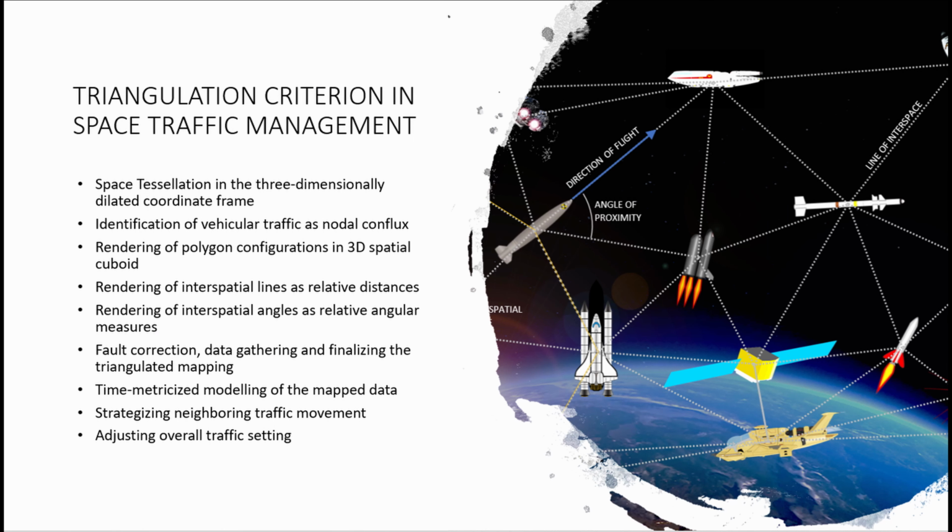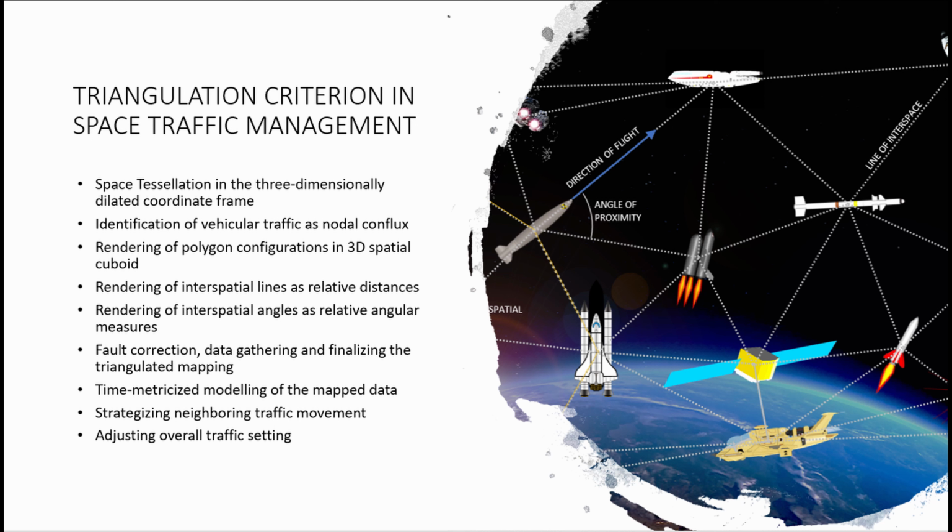Now comes the triangulation criteria in space traffic management. So the first is the space tessellation in three-dimensionally dilated coordinate frame, identification of vehicular traffic as nodal conflux, rendering of polygon configurations in three-dimensional spatial cuboid, rendering of interspatial lines.